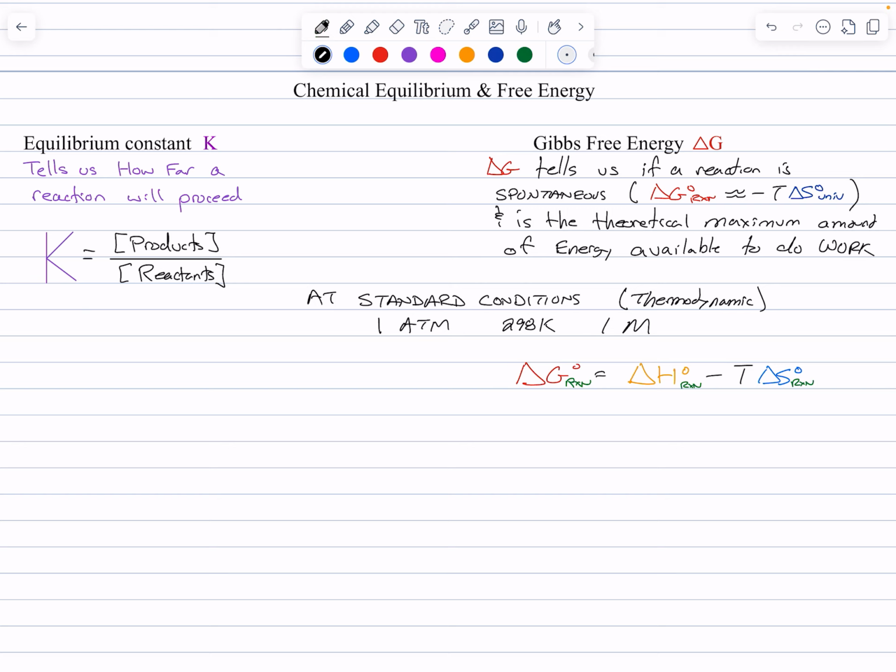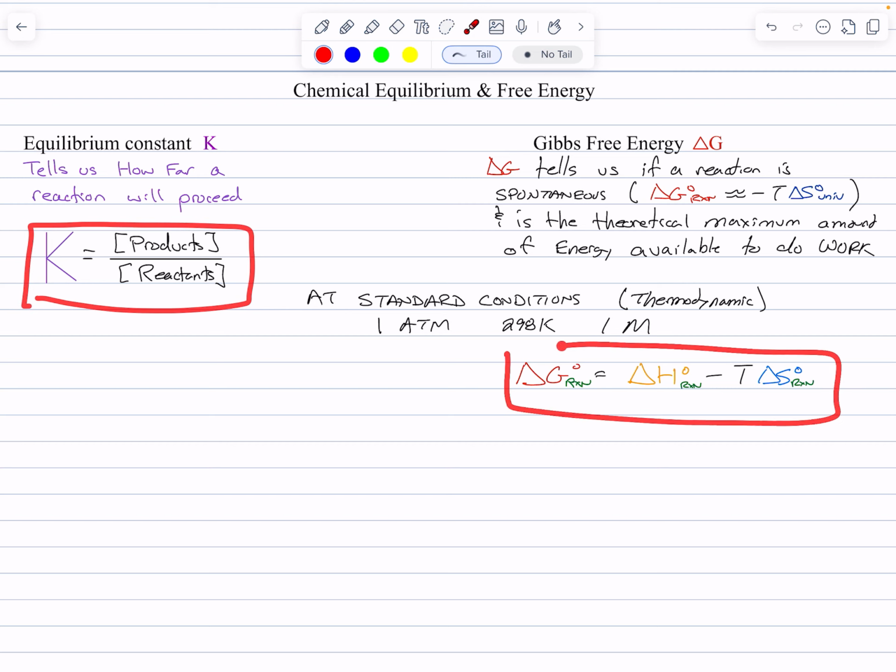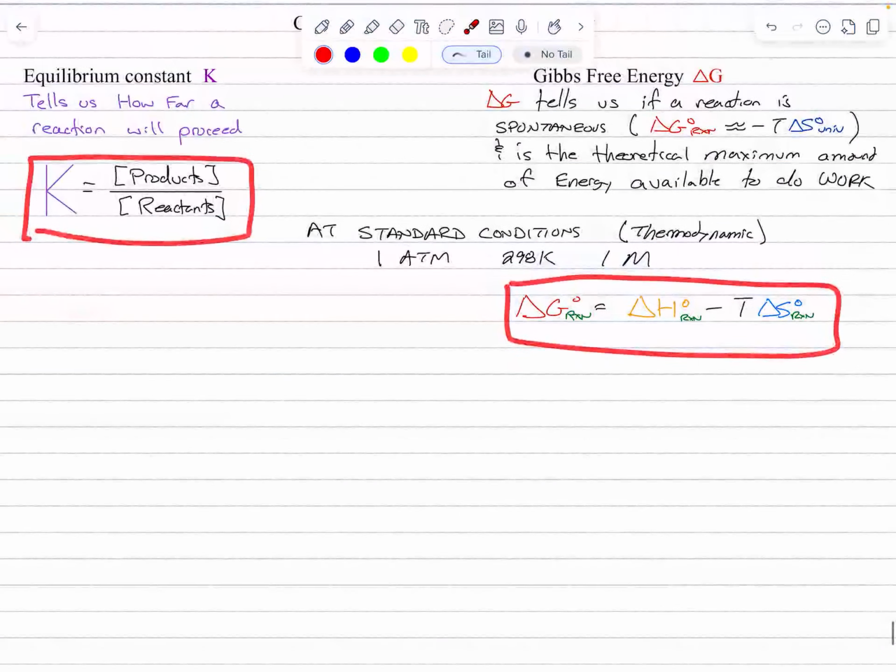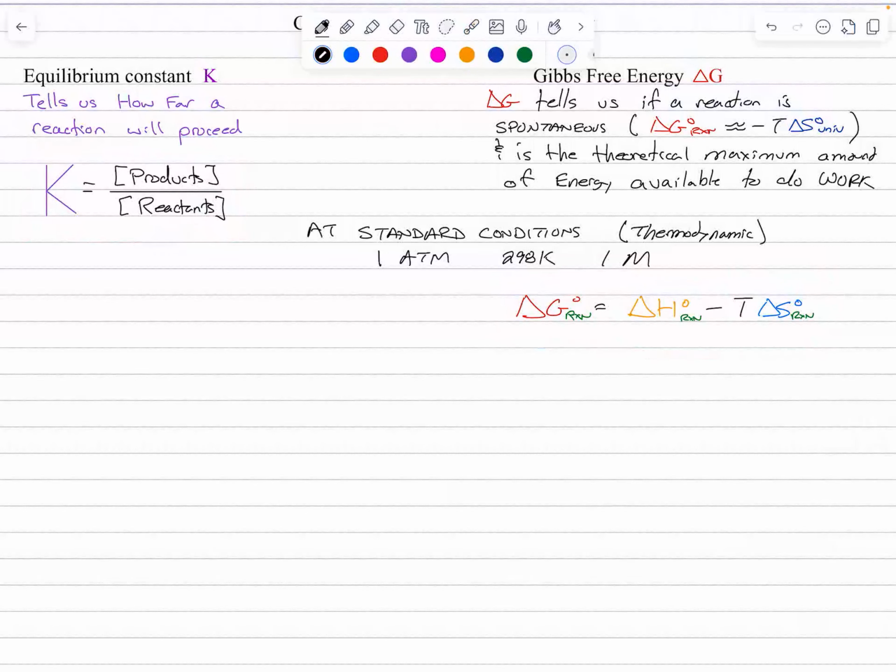So we have what K equals, how far a reaction goes, and if it's spontaneous or not. If the reaction is spontaneous, that means K has a value and delta G has a value.